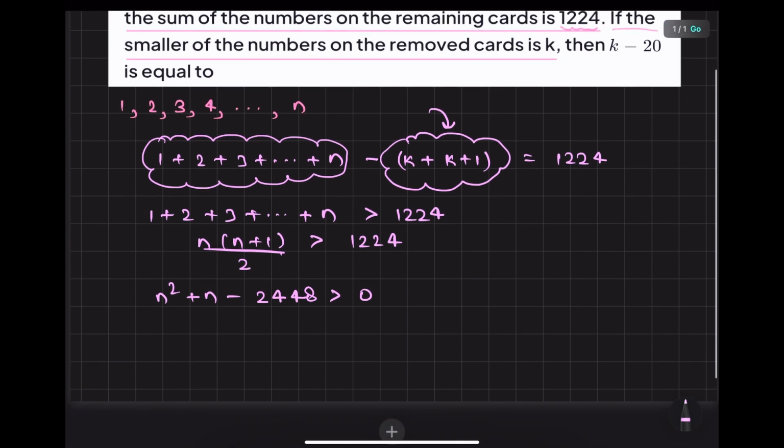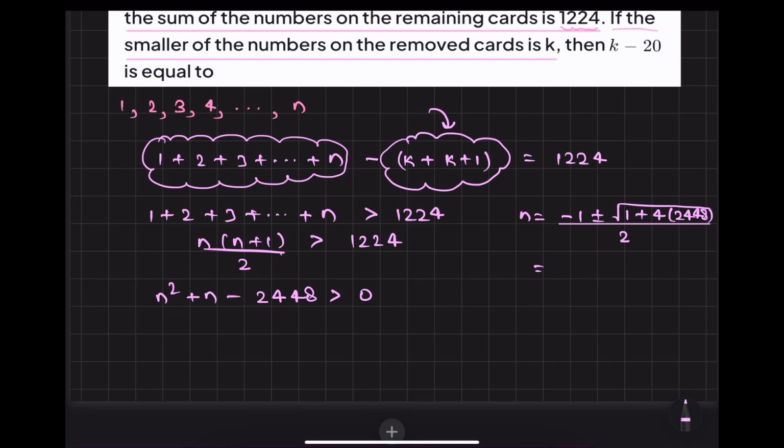For that I have to do the factorization or apply the Sridharacharya rule. So n equals minus b plus or minus root under b square minus 4ac, by 2a. So this is the idea.